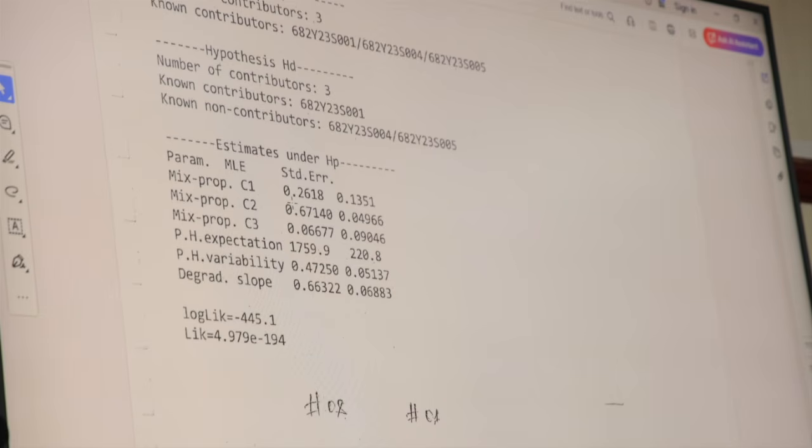C1 is for Henry. His contribution there is approximately 26%, right? Correct. C2 is Molly. Her contribution is approximately 67%, right? Yes, it is.